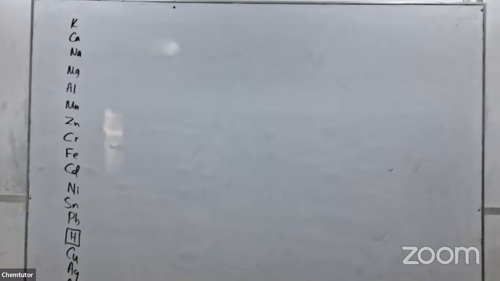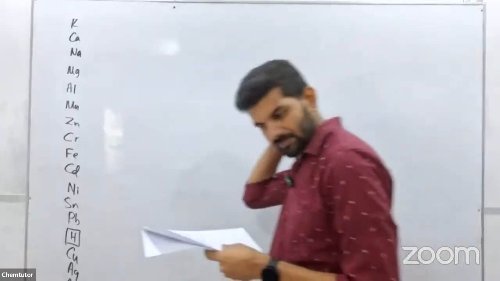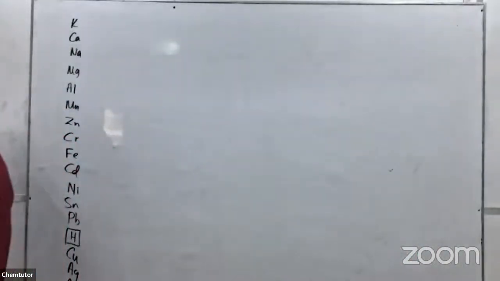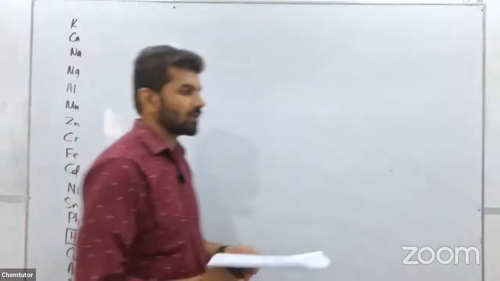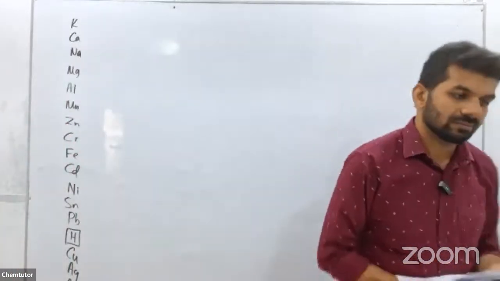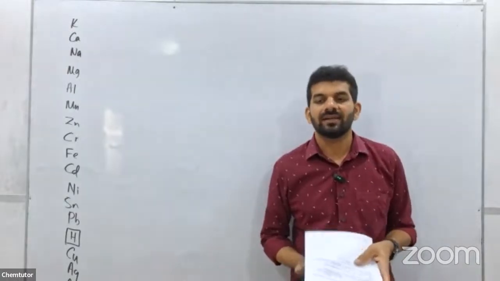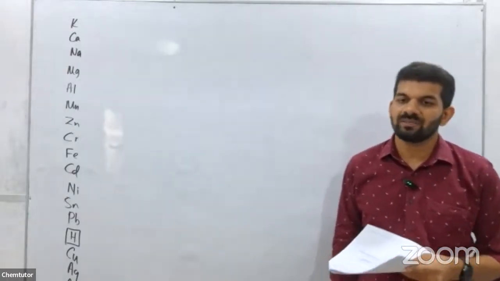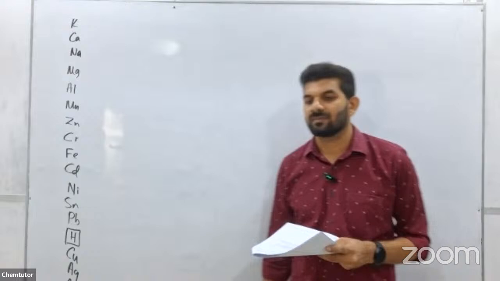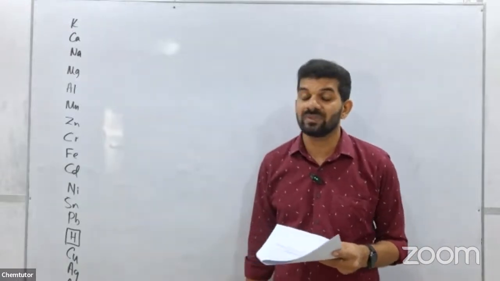You can say that the green color precipitate is given only by chromium 3+ ions in group 3 analysis.